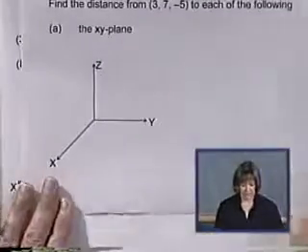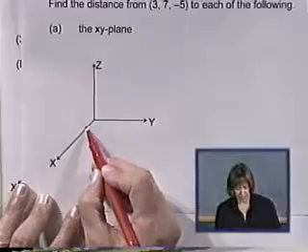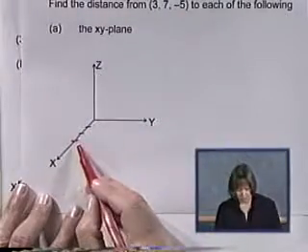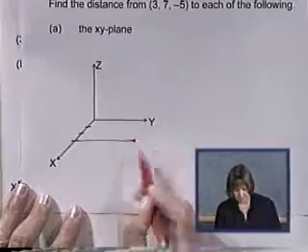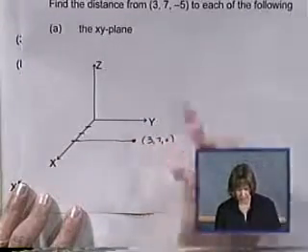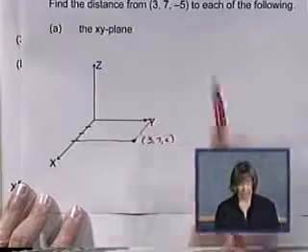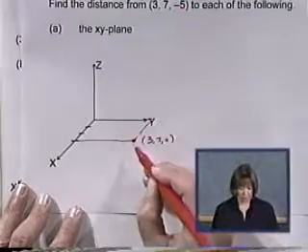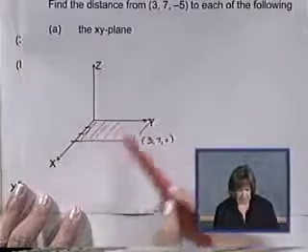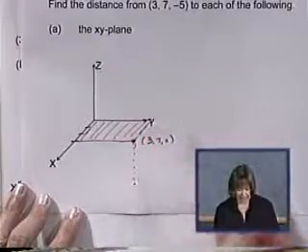If I plot this point, 3, 7, negative 5, I go over x 3, then I go over y 7, so I'm right here someplace, right? So that's 3, 7, 0. And then what do I have to do? I have to go down 5 units. Now do you see, this is your xy plane, but you're going down 5 units.